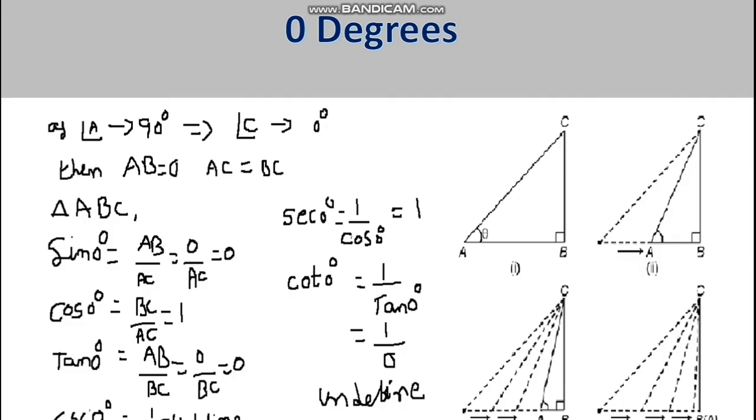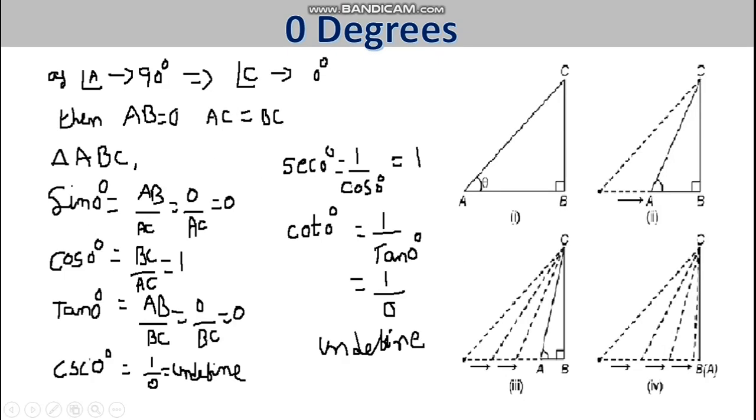Then for 0 degrees we are writing the ratios. As here AB is 0 and AC, BC are equal, angle A tends towards 90, angle C tends towards 0, and we are writing the ratios with respect to angle 0. Sine 0 degrees means side opposite to 0 by hypotenuse, that is AB by AC. AB we know is 0, so 0 by AC is 0, sine 0 is 0.